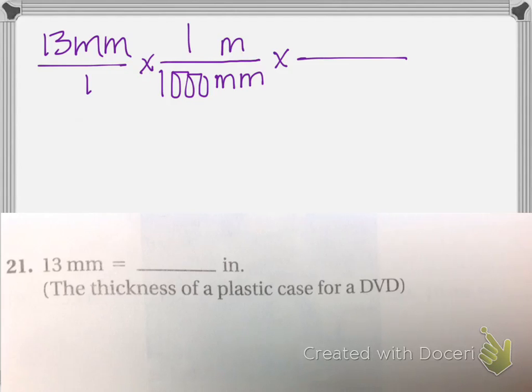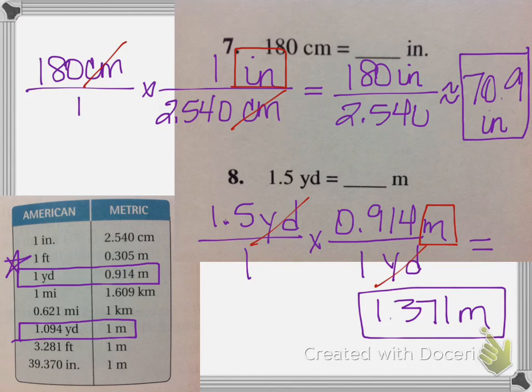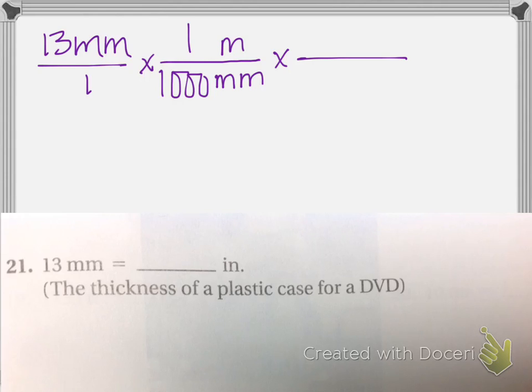I eventually want inches. So now when I look at my conversions, do I have a conversion between meters and inches? And yes, I do. I have 1 meter is equivalent to 39.370 inches. So when I go to write my conversion factor, because I want meters to cancel, I'm going to have 1 meter is 39.370 inches.